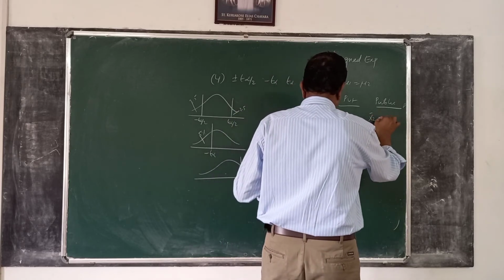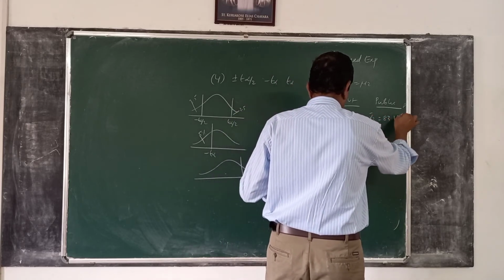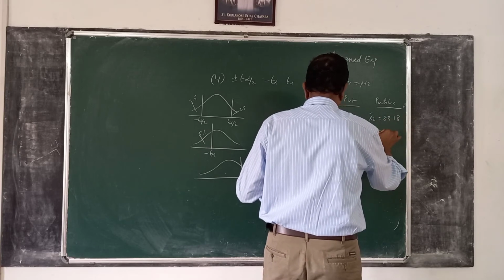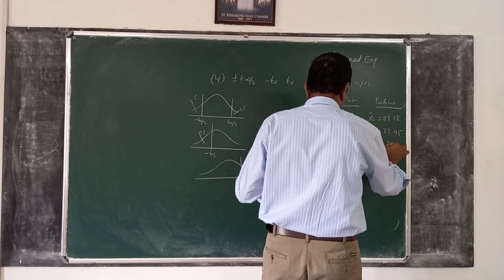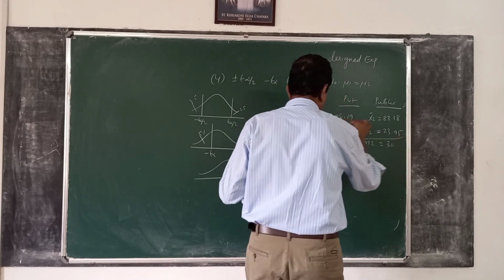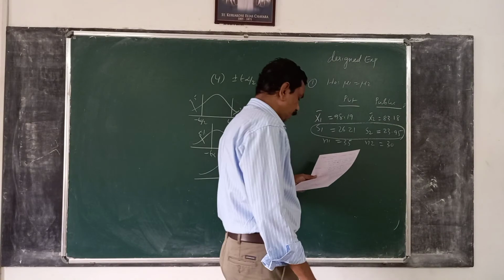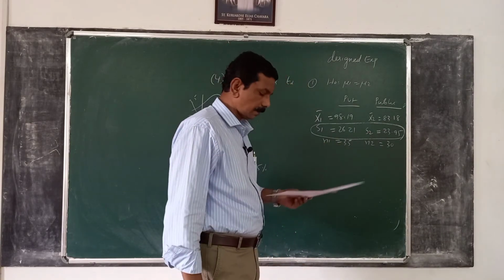X bar 2 is 83.18, S2 is equal to 23.95, N2 is equal to 30. Now as you can see, there is not much difference between the standard deviations.